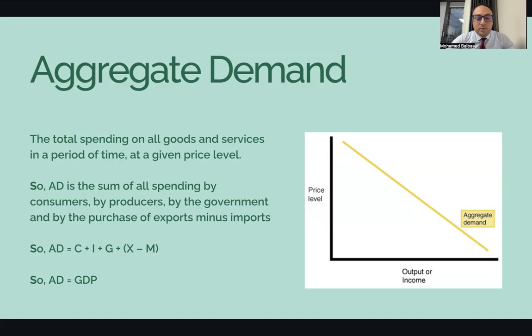So we're talking not about one product or one industry like in microeconomics, but about the sum of all spending by consumers, businesses, government, and exports. That's why the equation for aggregate demand is similar to what we studied in GDP: C plus I plus G plus X minus M, or NX.